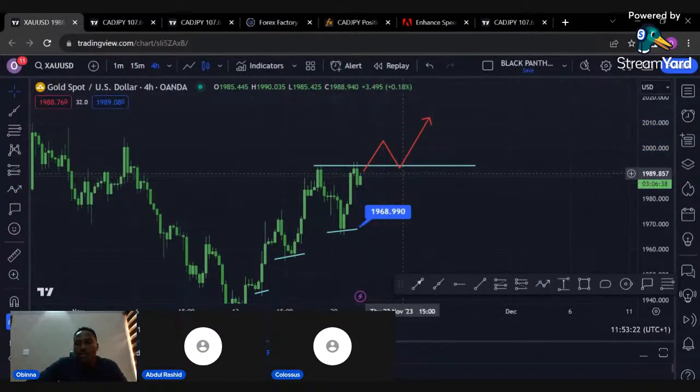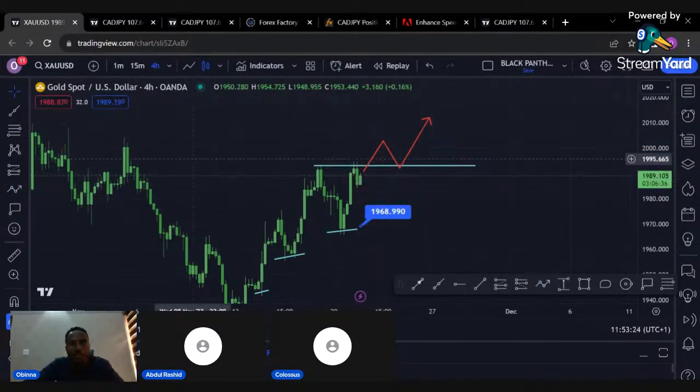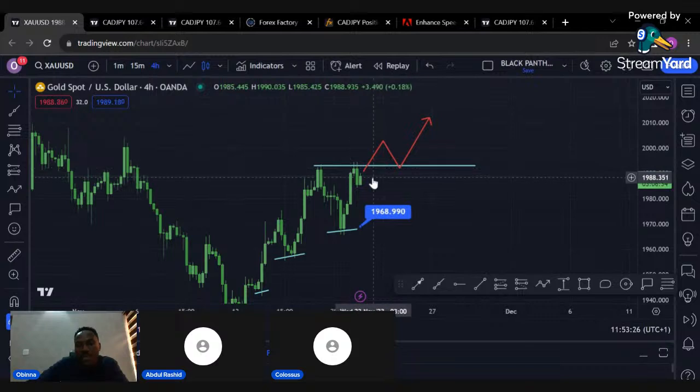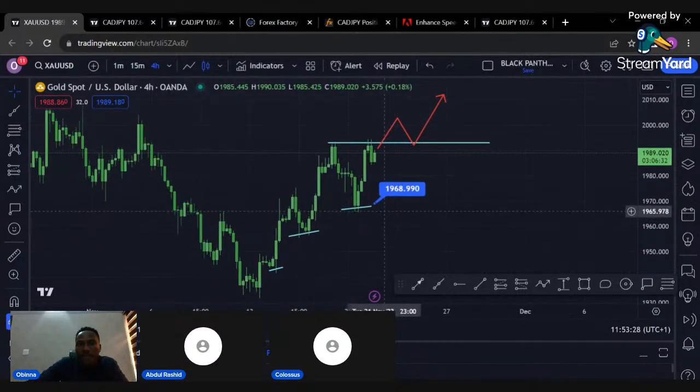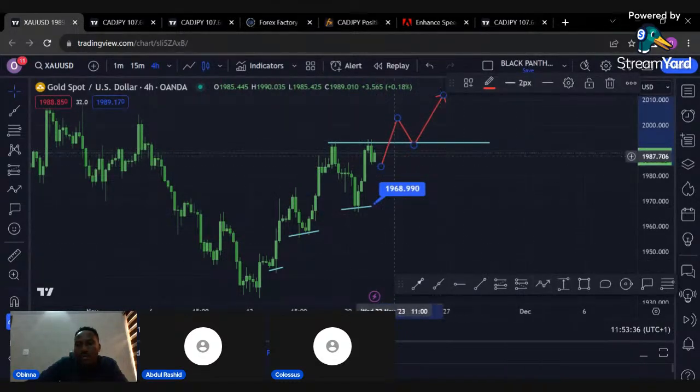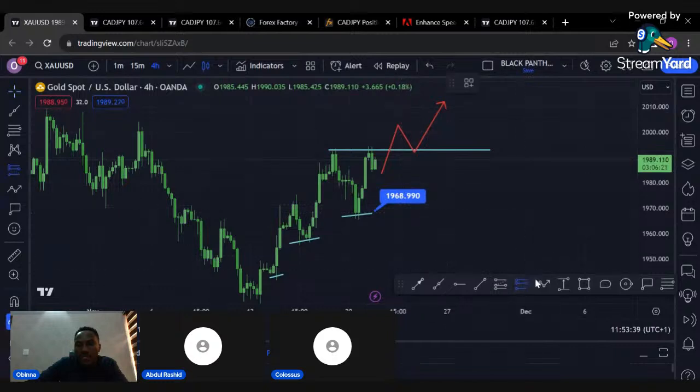So for gold on the higher time frame, you just have to wait for price to make a new higher low for you to continue trading, or you wait for price to pull back to the previous higher low. So you want price to pull back around this area 1986 so that you can continue going up. That is based on the higher time frame.